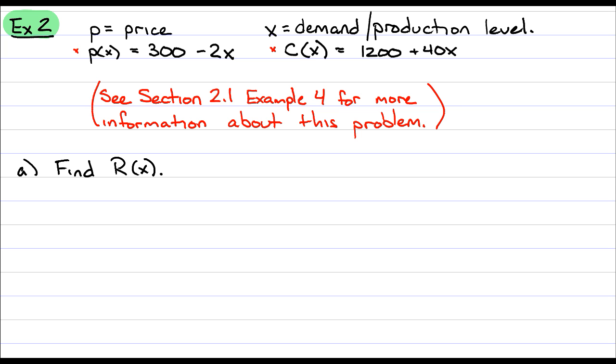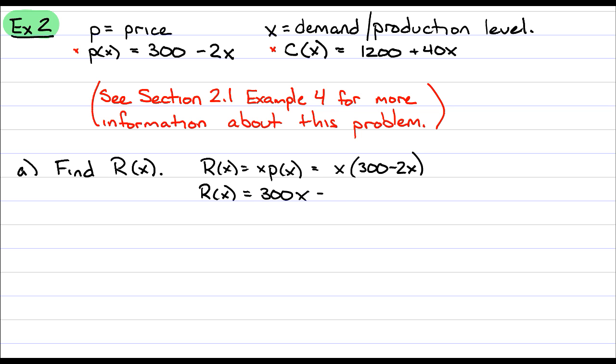So revenue is equal to demand times price, or in other words, X times P of X, and P of X is 300 minus 2X. So my revenue function, R of X, is going to be 300X minus 2X squared.